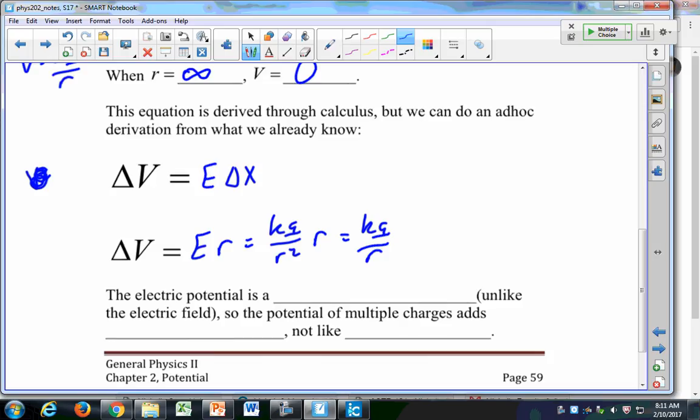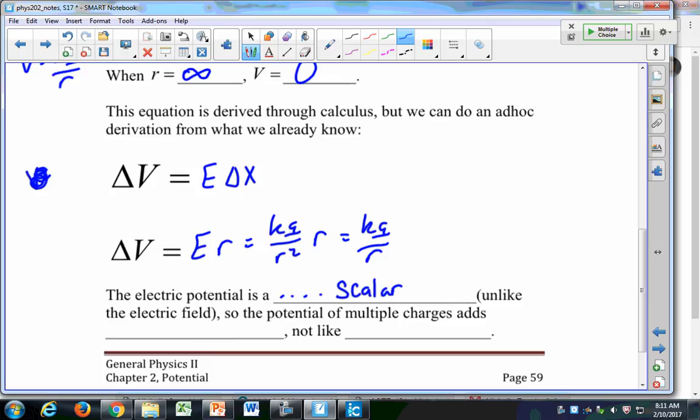All right, y'all ready for this? The electric potential is a scalar quantity. Scalar. That's a pretty big deal because it makes our math a lot easier. So when we're finding the electric potential due to multiple point charges, kind of like you did on the last test with electric fields, and you'll have to do it on this next test for potential, it makes it a lot easier to add up, because you just add them up like numbers.